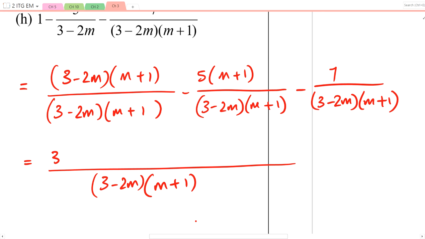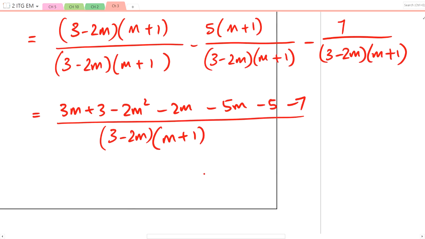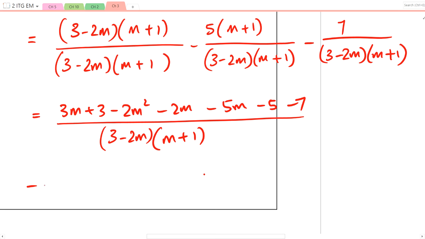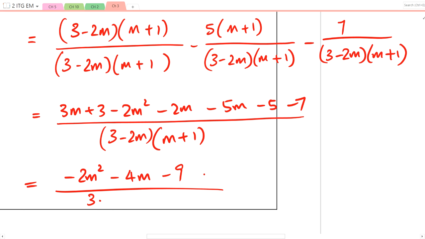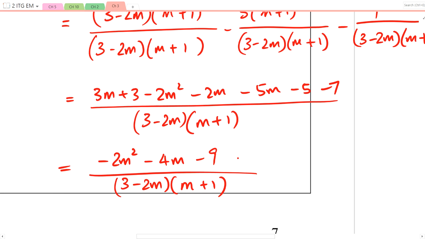Expand it out. 3m plus 3 minus 2m squared minus 2m minus 5m minus 5 minus 7. Okay, final answer.